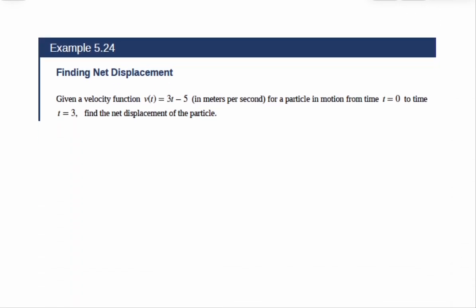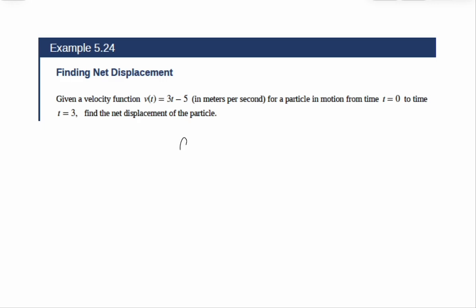So net displacement, let's look at our first example here. It says, given a velocity function for a particle in motion from time 0 to time 3, find the net displacement of the particle. How much has the particle changed in movement, the net displacement from time 0 to time 3?